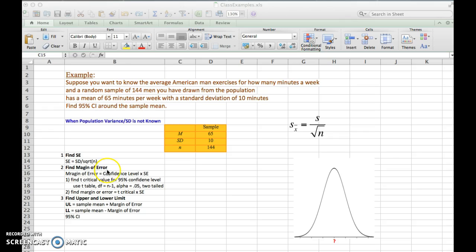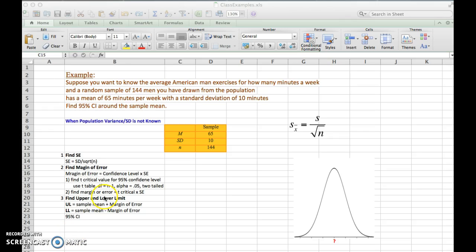Because we don't know the population standard deviation, we'll use the sample standard deviation to estimate. So in this case, we'll use a t-distribution to better fit the sampling distribution. The t-distribution depends on degrees of freedom.